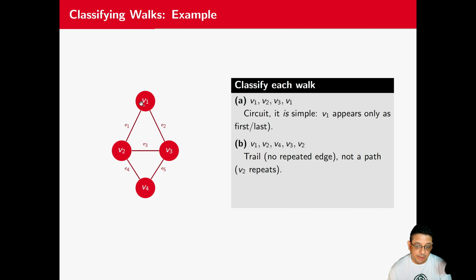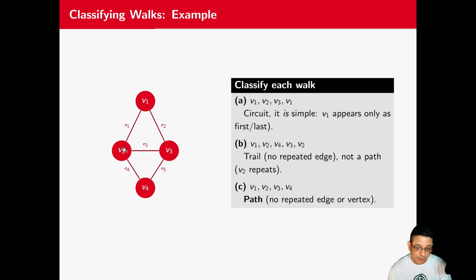It appears only once otherwise. Now we do V1, then V2, then V4, and then V3 and V2. This is a trail. Notice we don't repeat an edge: we go from V1 to V2, from V2 to V4, from V4 to V3, and from V3 to V2. So we're not repeating an edge, but we do repeat a node.